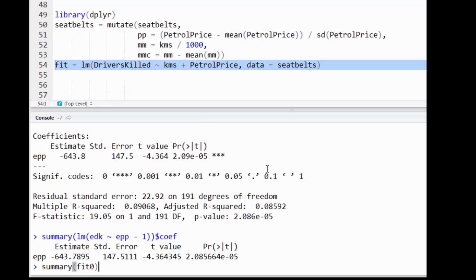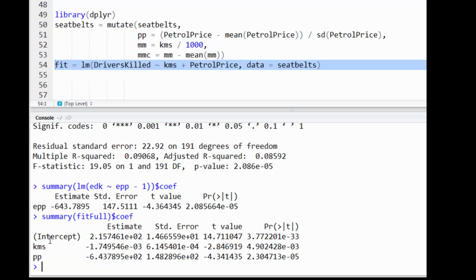Remember, fit full was our full model fit where we had drivers killed as the outcome, kilometers as a predictor, and petrol price as a predictor plus an intercept, and let's see what we get there. Now if you look at this quantity right here, that is identical to this row right here.